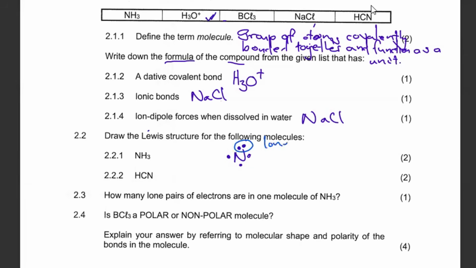Then on the other end, we're going to add hydrogens. How many hydrogens do we have here? 3 hydrogens. So we're going to have the first hydrogen, then the second hydrogen, and then the third hydrogen like that. This is how we draw the Lewis structure of the molecule NH3, right?